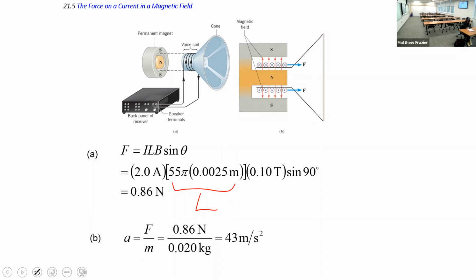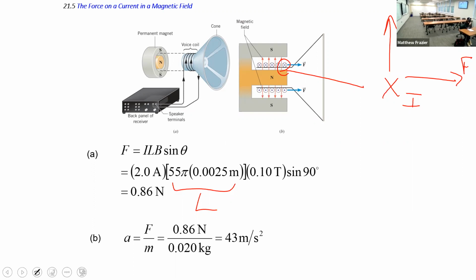All right, so let's take this one part right here. The current is into the page. We have a magnetic field up. And so those two are perpendicular. That means that the force has to be perpendicular to both things. Right?